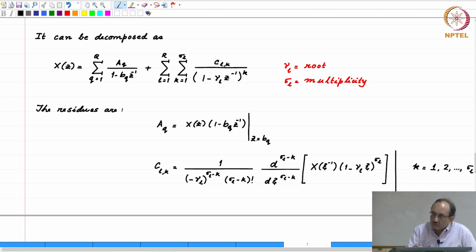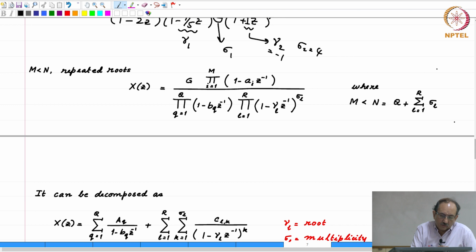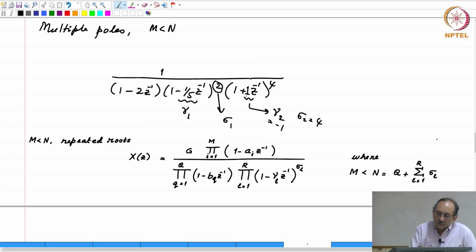For the simple roots, no change. For the roots with multiplicity, you have to differentiate as many times as needed. And you need to get the residues up to sigma L. So, what this tells you is, for this particular example, (1 plus Z inverse) power 4, you will have 4 residues.